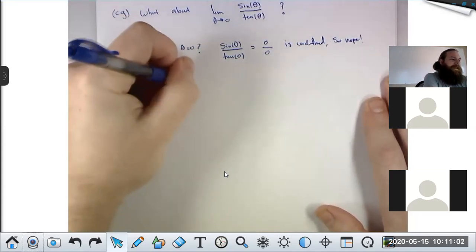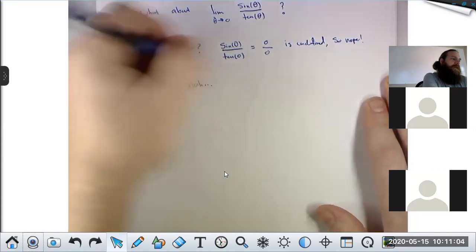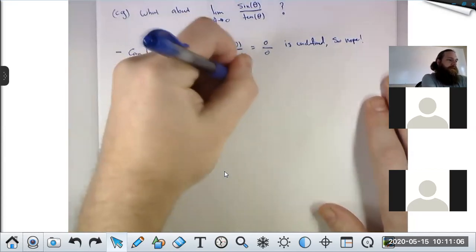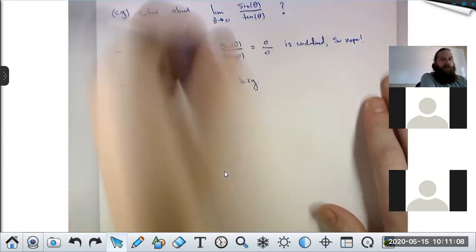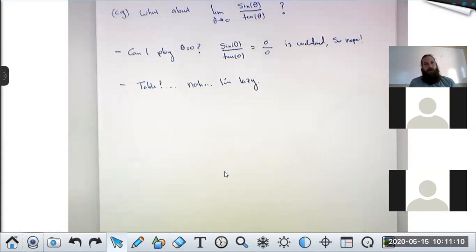But I say, nah, I'm lazy. You may not realize this yet, but mathematicians are profoundly lazy creatures. We really don't like to have to do work that we don't have to do. And if there's a way to get around doing something that is kind of painstaking like a table, we want to do that. And the main tool for us in this class is going to be algebra.